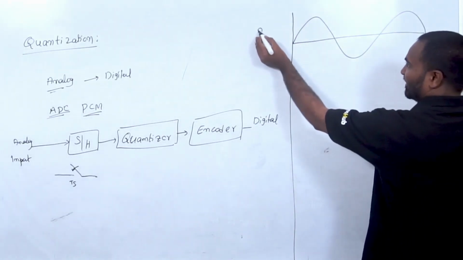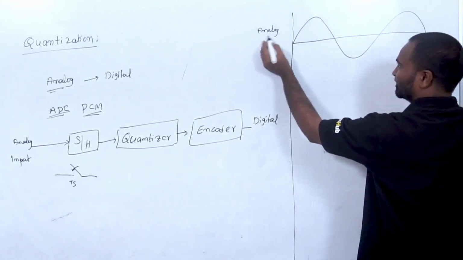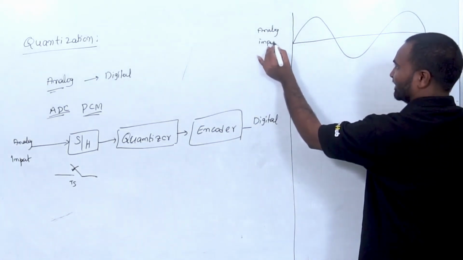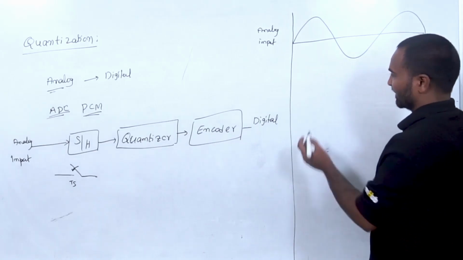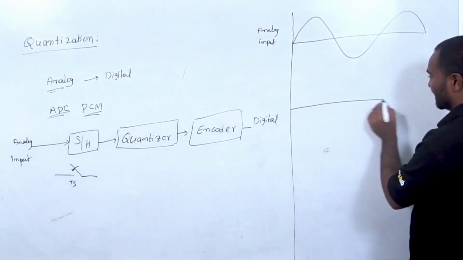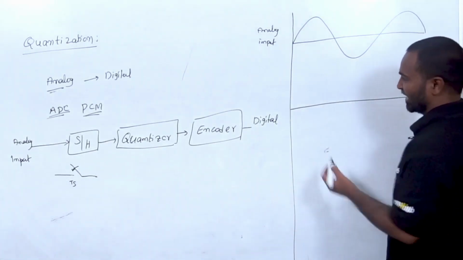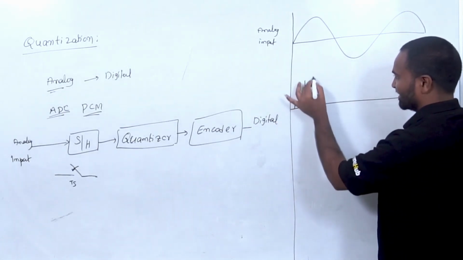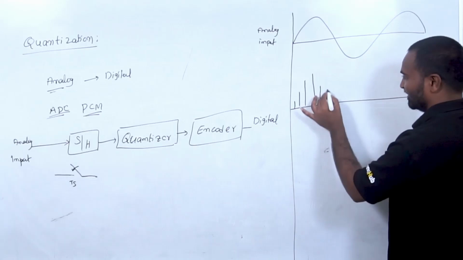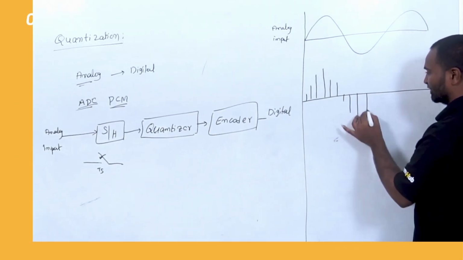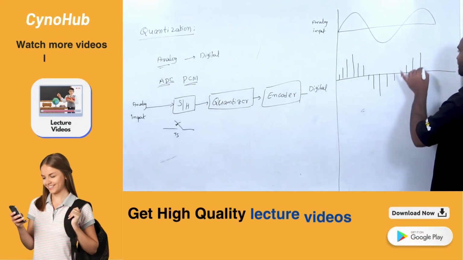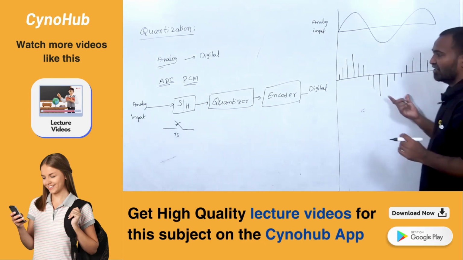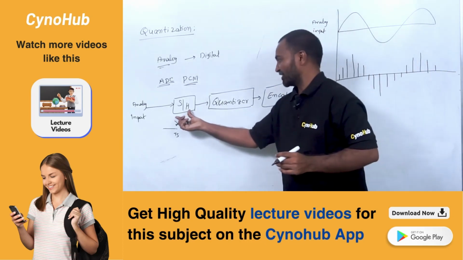So this is the analog input, it is applied to the sample and hold circuit, and the output contains the discrete samples. For every T seconds, it is turned on and off. So this is the output of the sample and hold circuit.